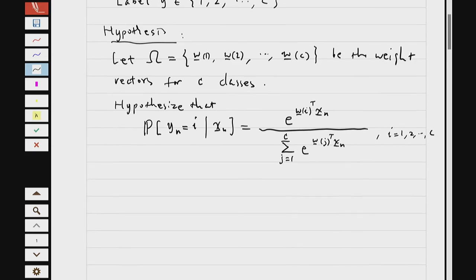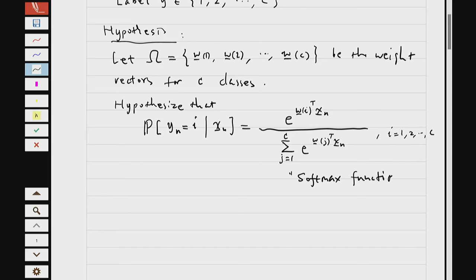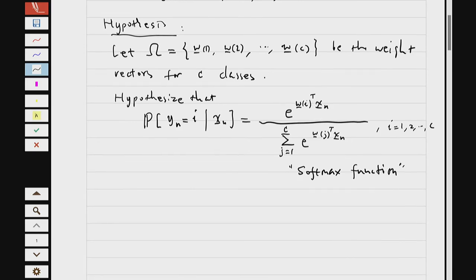As opposed to the sigmoid function that we had before, this function is called the softmax function. We denote this by, just like before, p hat of omega, now because the variables are in this big omega, a long vector.